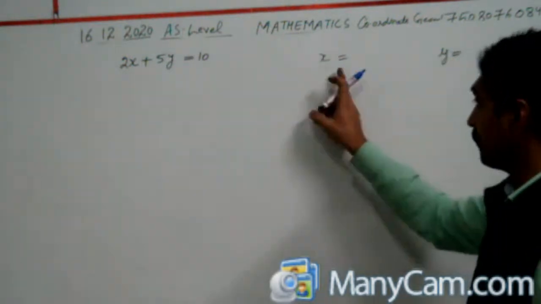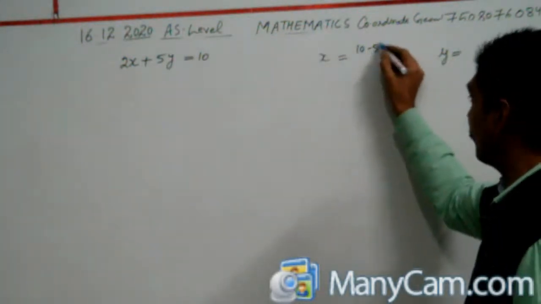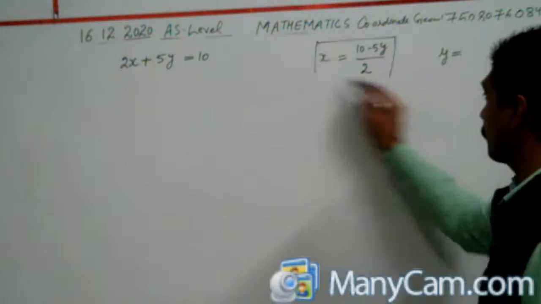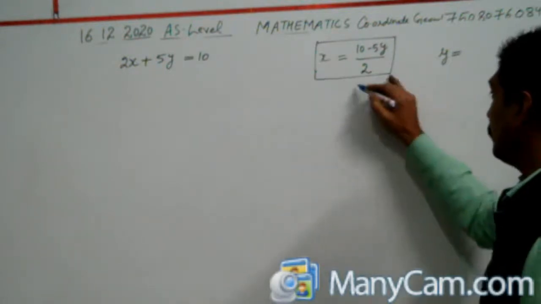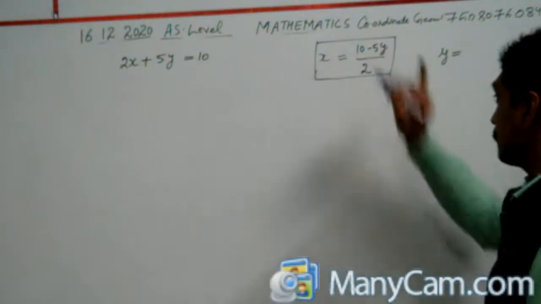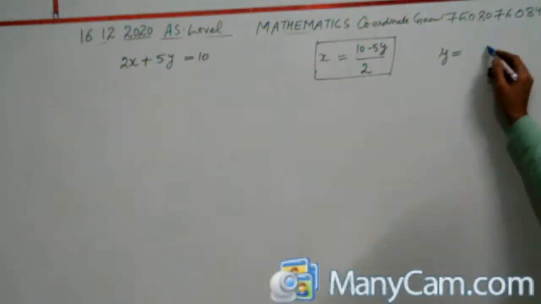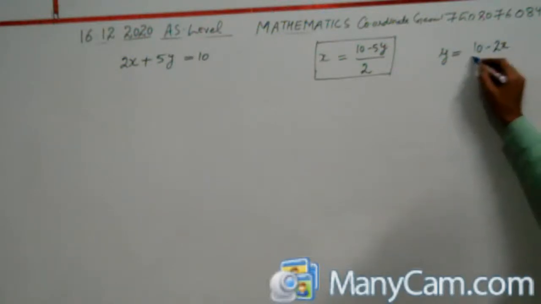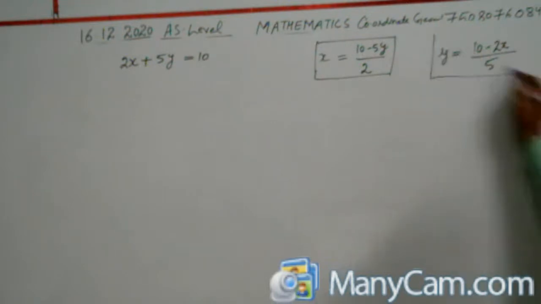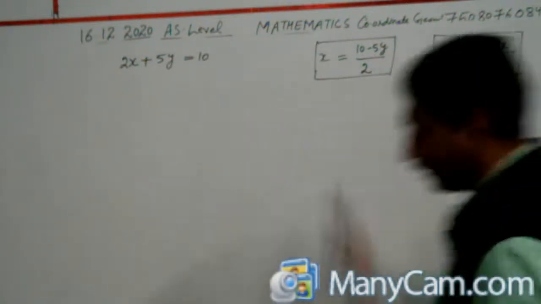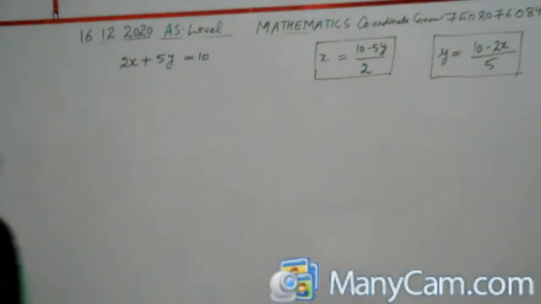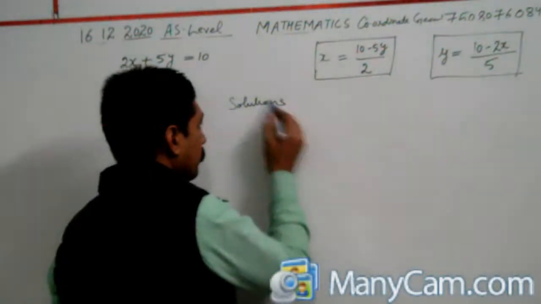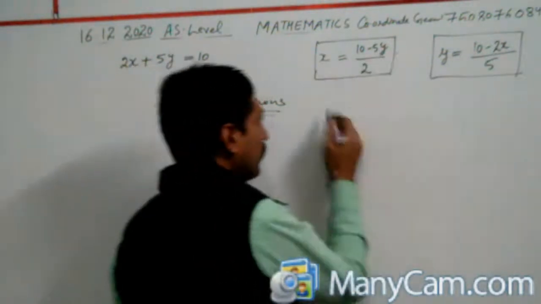Suppose x is equal to minus 5y divided by 2. This is x in terms of y, and here y is in terms of x: y is equal to minus 2x divided by 5. We can follow either way, and from there we can find the solutions.